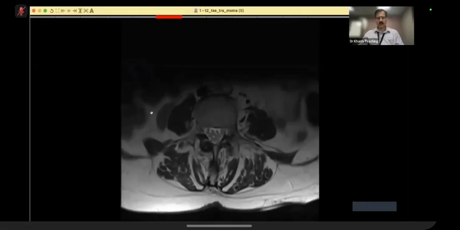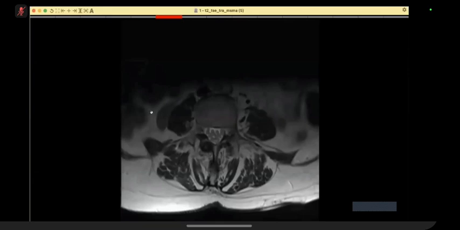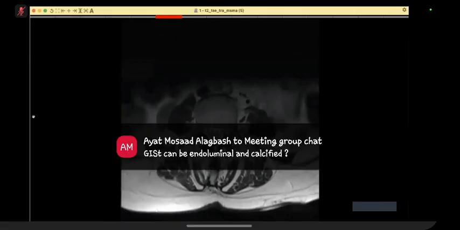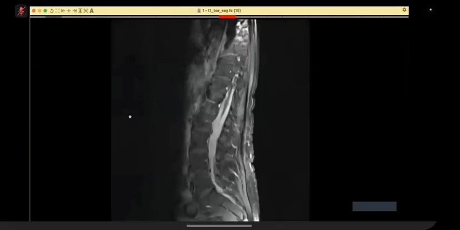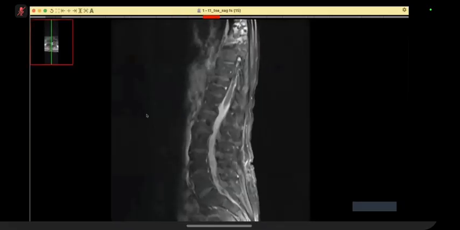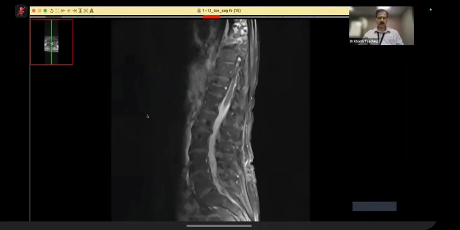What are your findings here? What I see is that the cauda equina nerve roots are diffusely thickened, and I'm suspecting maybe this is arachnoiditis.